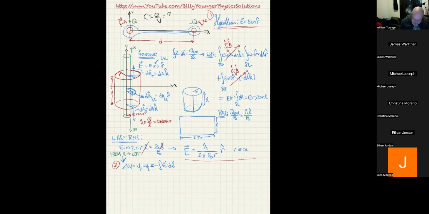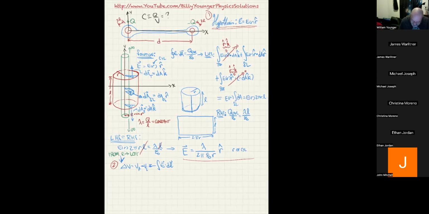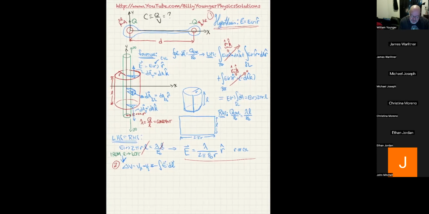Then I can write right in between the electric field. Notice the electric field for the left-hand wire is going to be lambda over 2 pi epsilon naught times x, well, actually times x minus r, where x is basically the distance. Actually, we can ignore the small r because r is going to be really, really small compared to d.